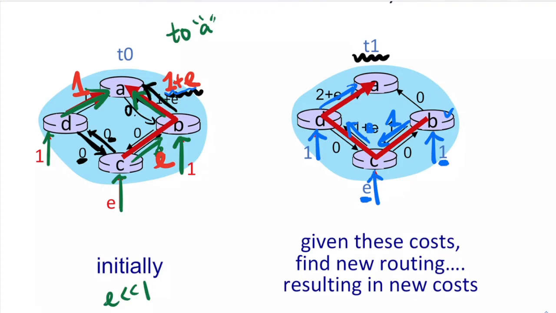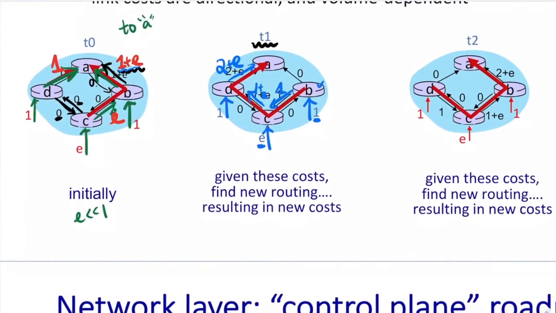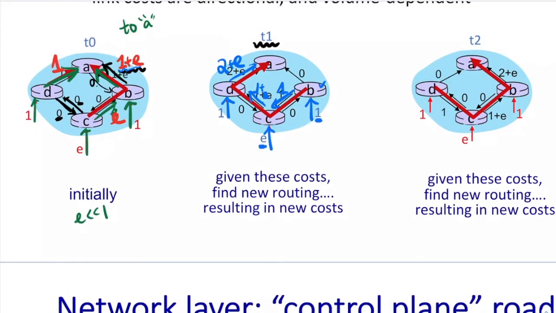So at the end of T1, all the traffic from B, C, D goes to the left-hand side and to A. Next, at T2, when B, C, D have new traffic, the red traffic comes in, and they will believe they have to send all that traffic to the right-hand side, forward it to B, and B to A, because at the end of T1, all the traffic went to the left-hand side.